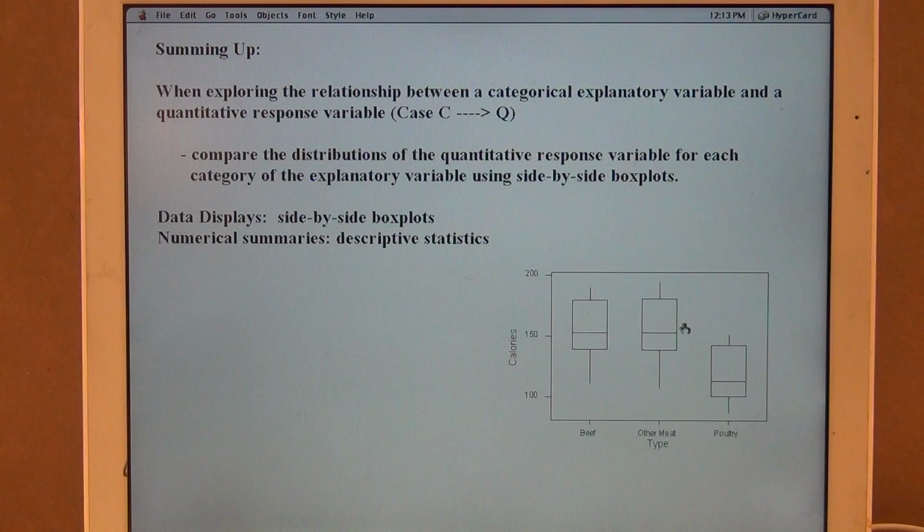And we looked at the numerical summaries, the 5-number summaries, or the descriptive statistics. So when working with a categorical explanatory variable and a quantitative response variable, the appropriate statistical analysis is side-by-side box plot comparisons and the 5-number summary.